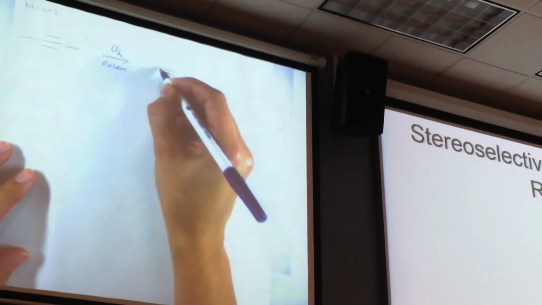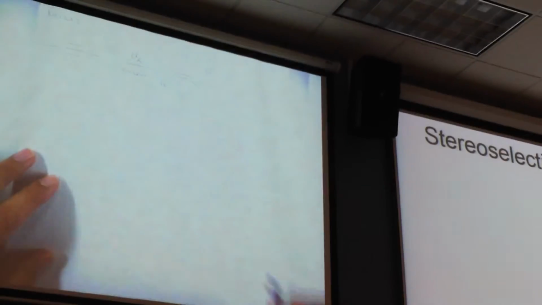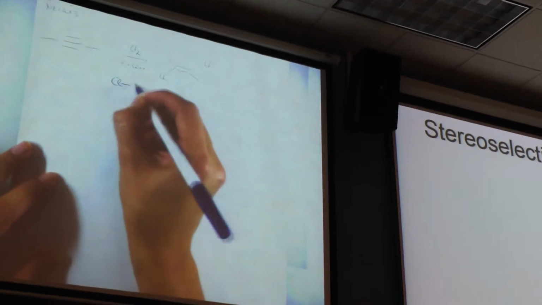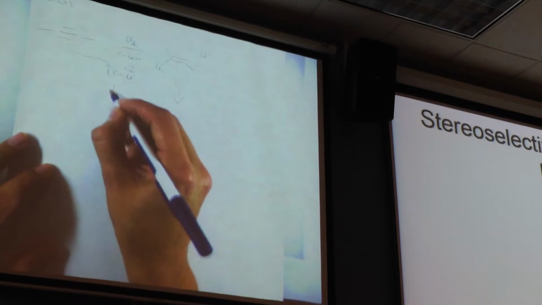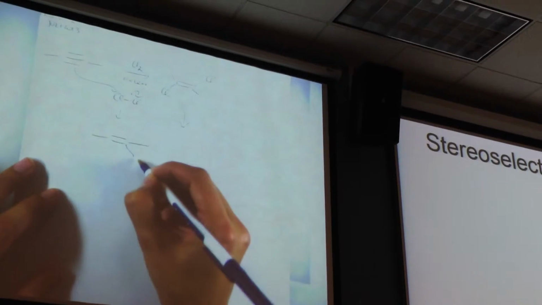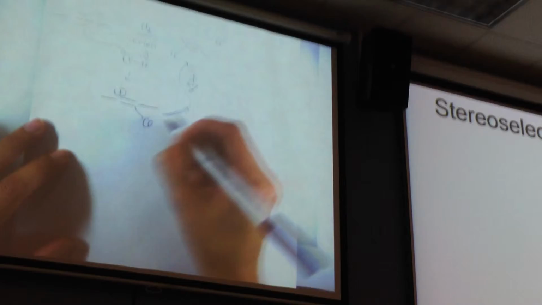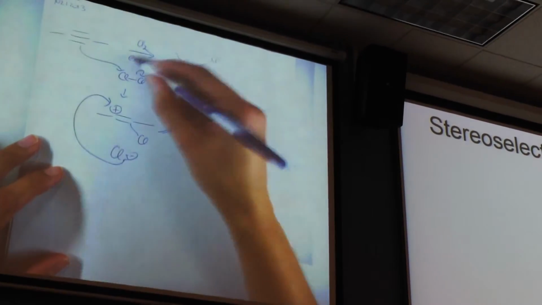So our first one, this is the first one, and then our second one, I'll go here. A Cl. Sorry, I'll go this way. Anyway, that's our first Cl.